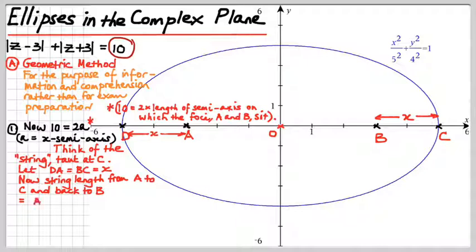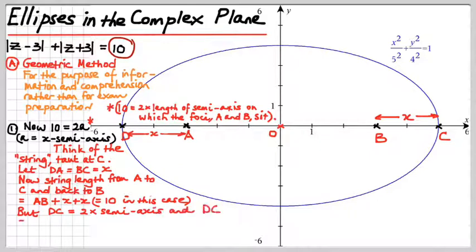So AB plus x plus another x. Now, that is exactly the same. That's 10 in this instance, yes. It's exactly the same as the distance from D to C, because D to C is, in fact, x plus AB plus another x. So it's the same length, the same as the string length.